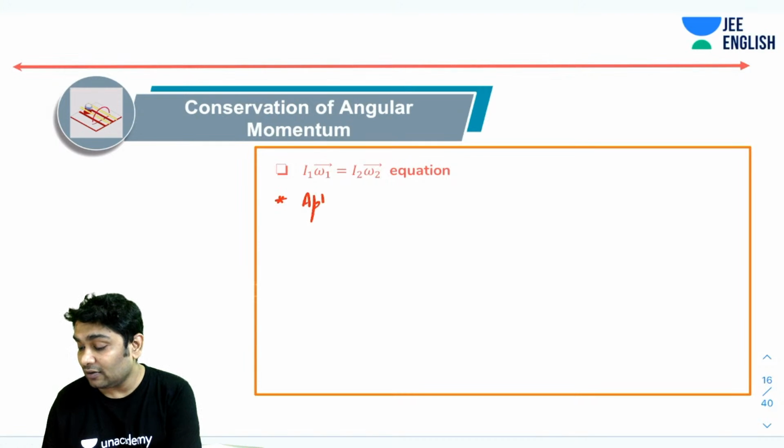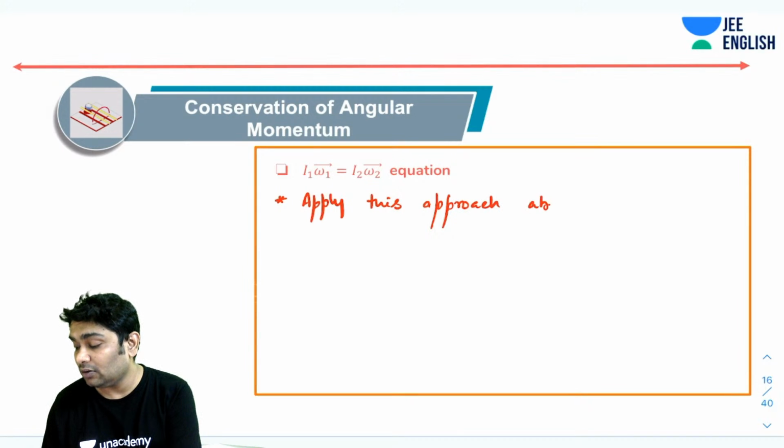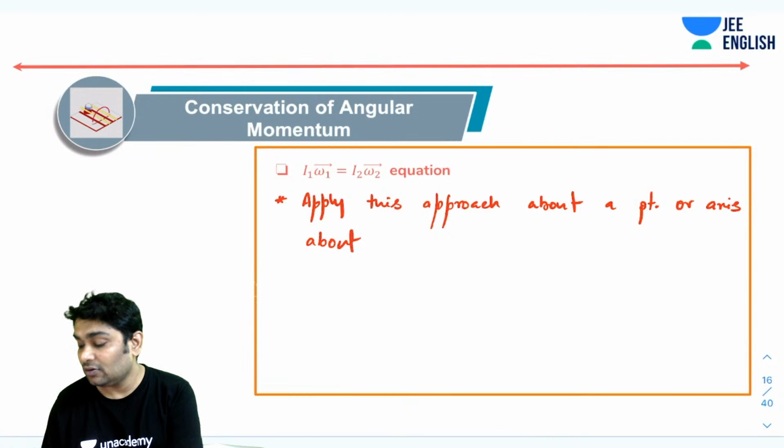Apply this approach about a point or axis about which summation tau external becomes 0.